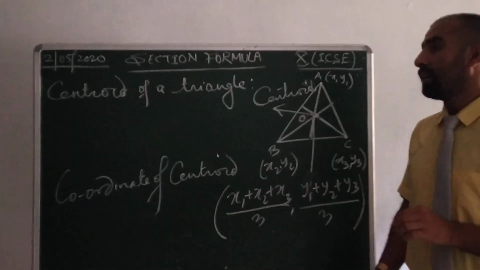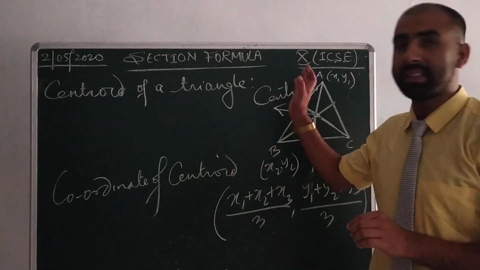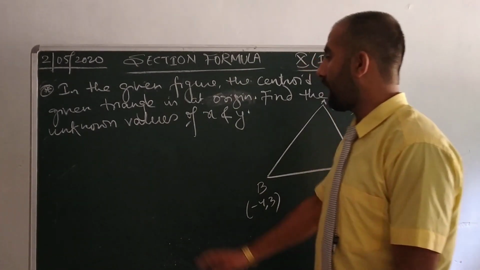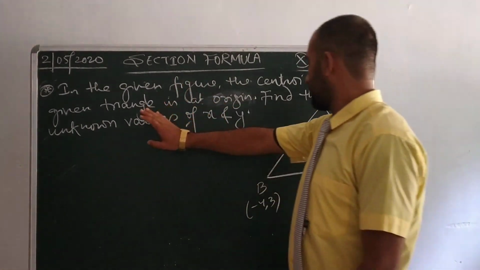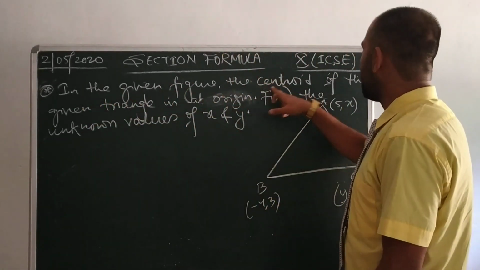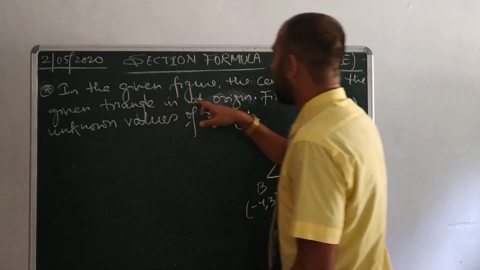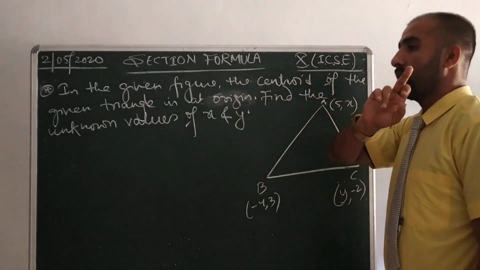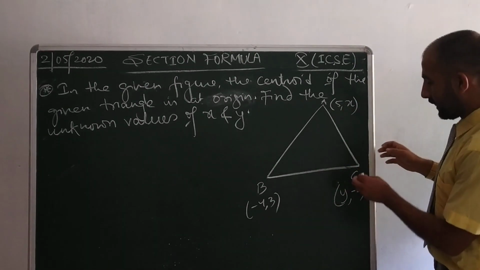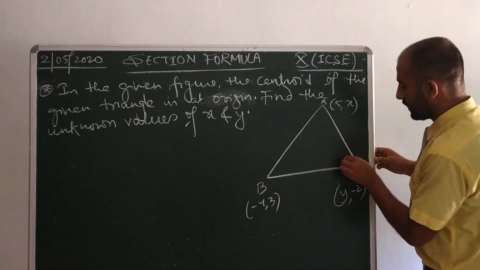Okay, let us understand by one example. As you can see in the figure, I have written one question for you. It says that in the given figure, the centroid of the given triangle is at the origin. What do you mean by origin? Origin means 0, 0. Let's draw it.